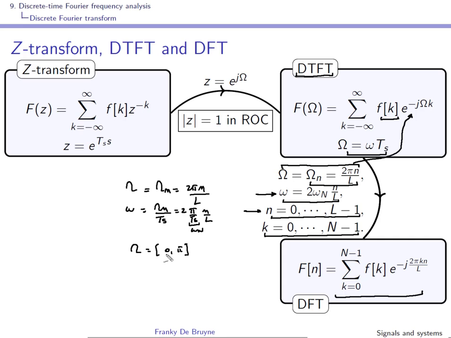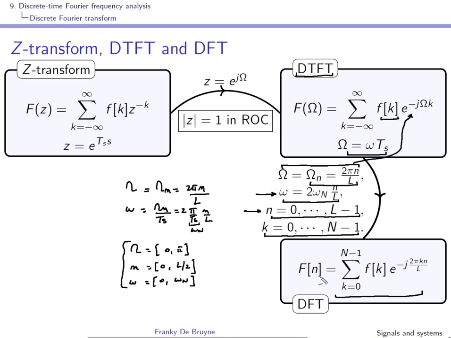The interval 0 to pi corresponds to the interval for the index n that goes from 0 up to L over 2. If you put L over 2 in here, this corresponds for the analog frequency to the interval 0 to the Nyquist frequency. This will be very important once you start working with the DFT.